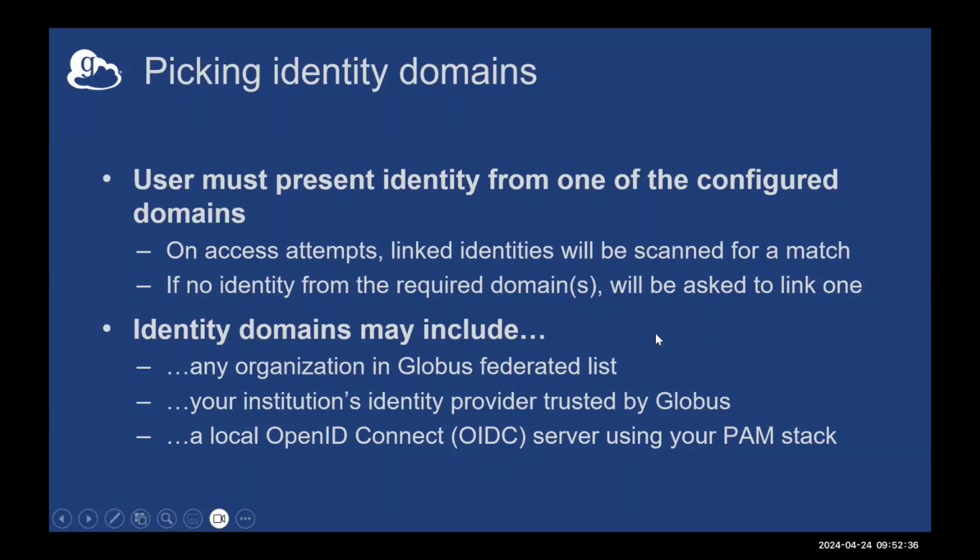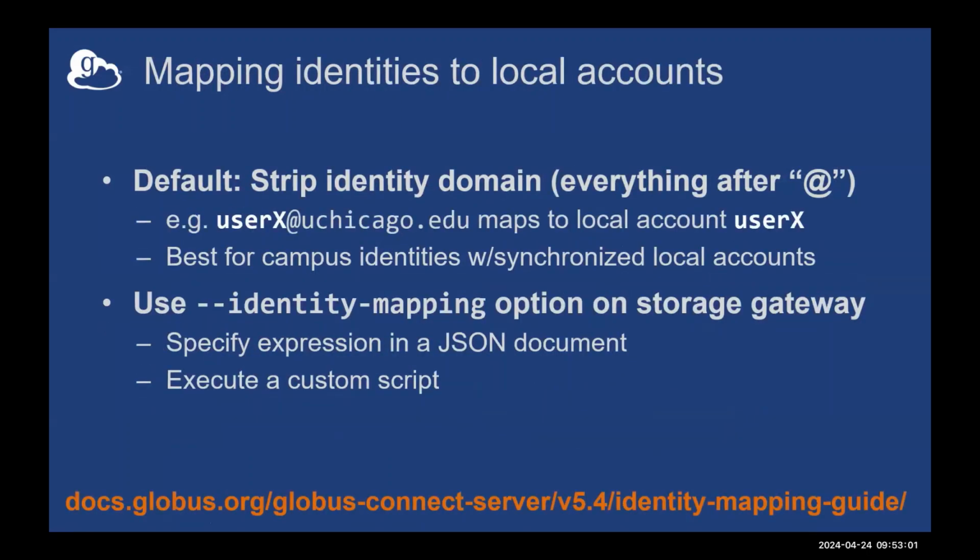Identity domains may include a bunch of organizations, the federated Globus list that you've seen. It can be your institution's IDP trusted by Globus, or you can stand up a local OpenID Connect server using your PAM stack. So you have lots of options here.